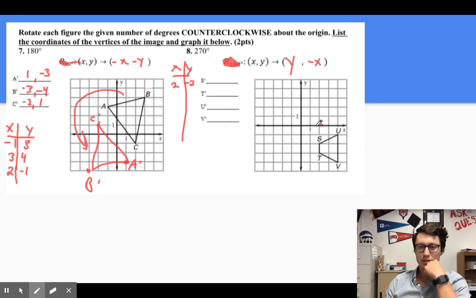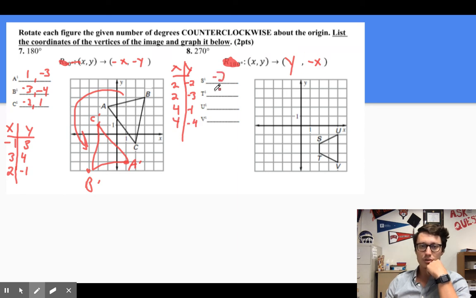T is at (2, negative 3). U is at (4, negative 1). And V is at (4, negative 4).